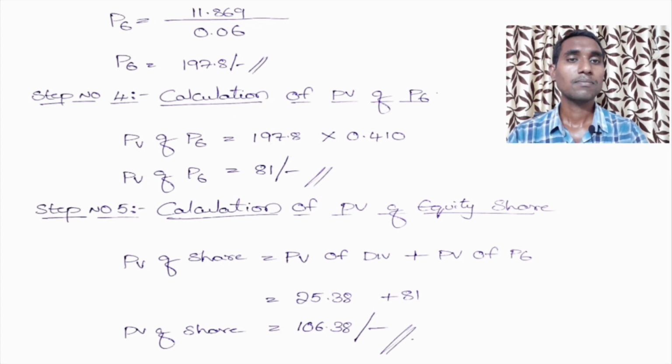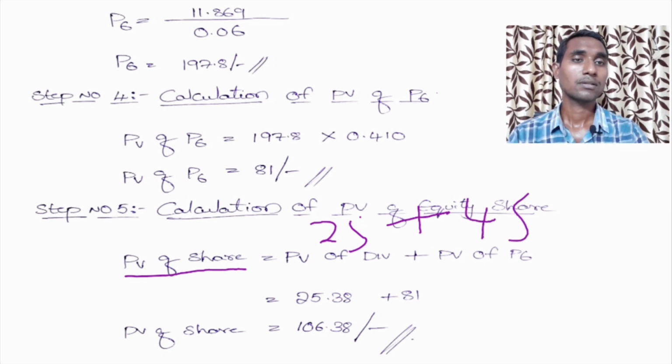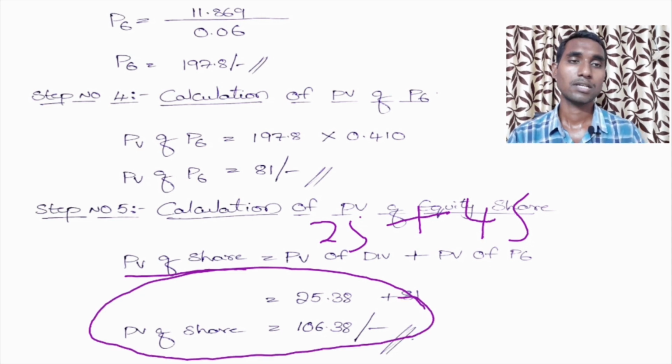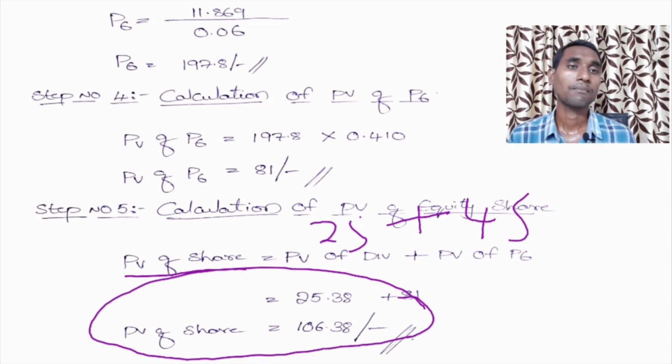Then in the last step, we will find the PV of the share. The PV of share formula is PV of dividend plus PV of P6. The PV of dividend is the second step output, plus the fourth step output. If we add them, this is the PV of the share, or the value of the equity share.